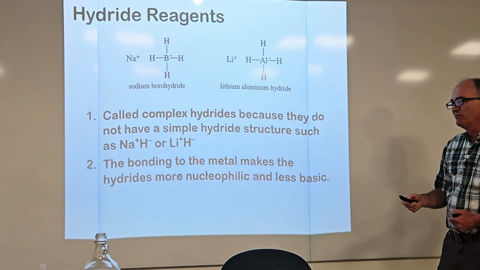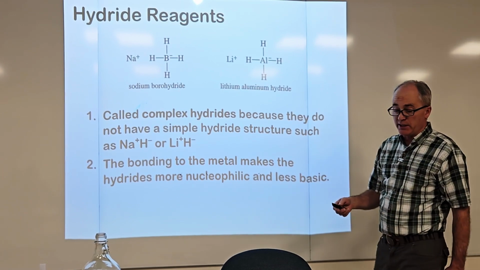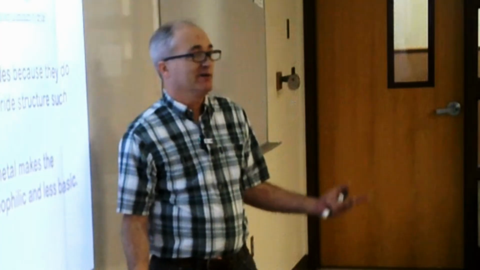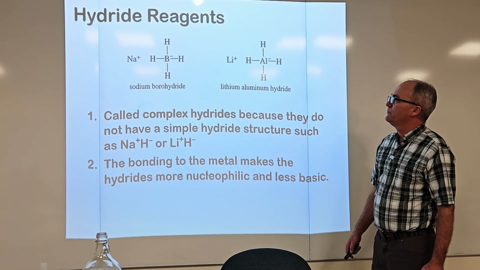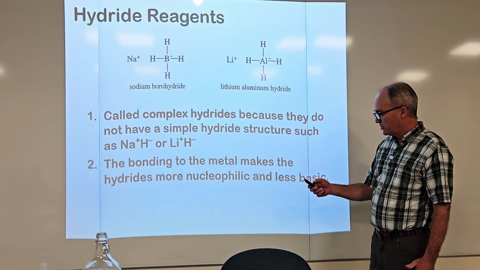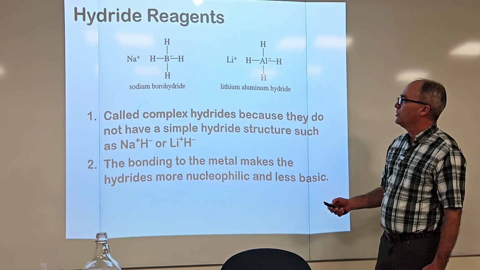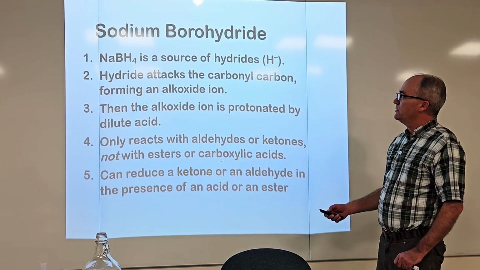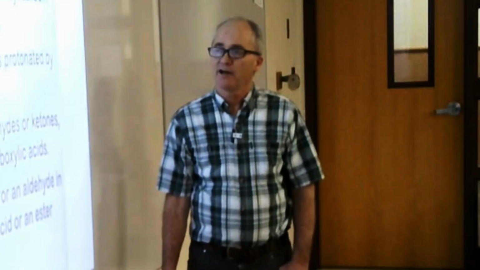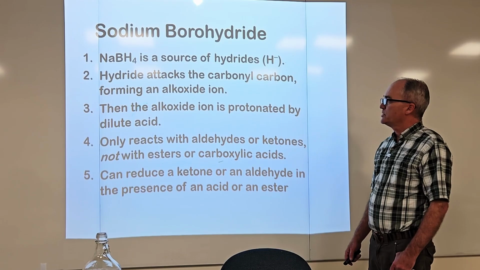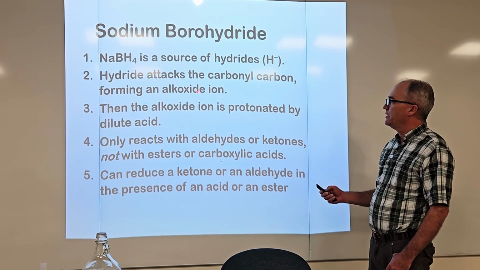It's kind of nice because we can run these reactions in possibly a protic solvent, whereas you saw with Grignard reagents and lithium organometallics, they are super strong bases, easily protonated. So sodium borohydride is a nice hydride source. The carbonyl carbon gets attacked by the hydride. The electrons jump onto oxygen. We get an alkoxide ion.